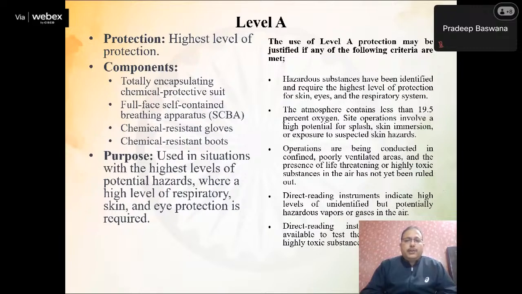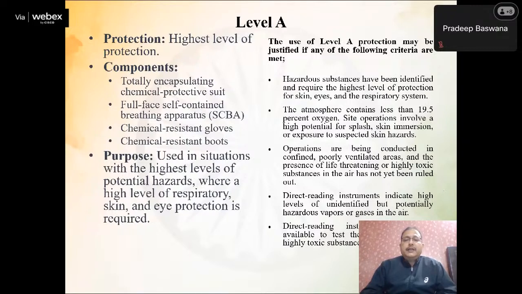The use of level A protection may be justified if any of the following criteria are met. First, hazardous substances have been identified and require the highest level of protection for skin, eyes and respiratory system. The atmosphere contains less than 19.5% oxygen. Site operations involve a high potential of splash, skin immersion, or exposure to suspected skin hazards.